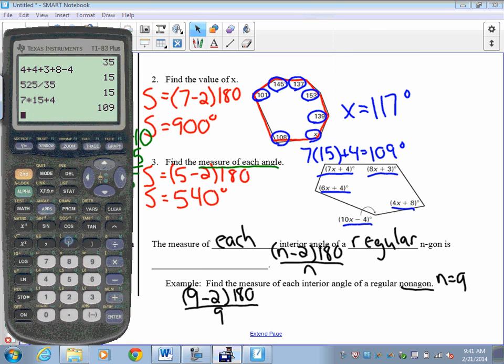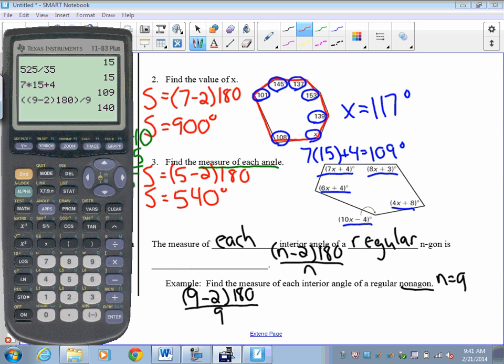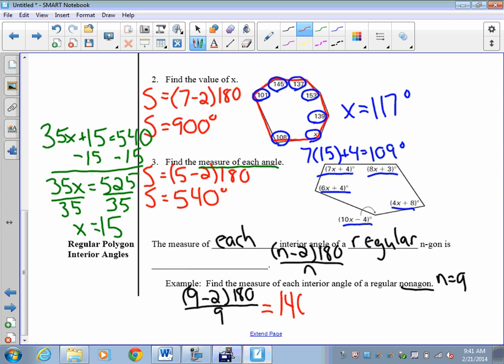So to make sure I'm using the order of operations right, I'm going to use two parentheses. So 9 minus 2 times 180, that's my numerator. So you see how my parentheses are closed, and then I'm going to divide it by 9, the denominator, and I see that each angle is equal to 140 degrees.